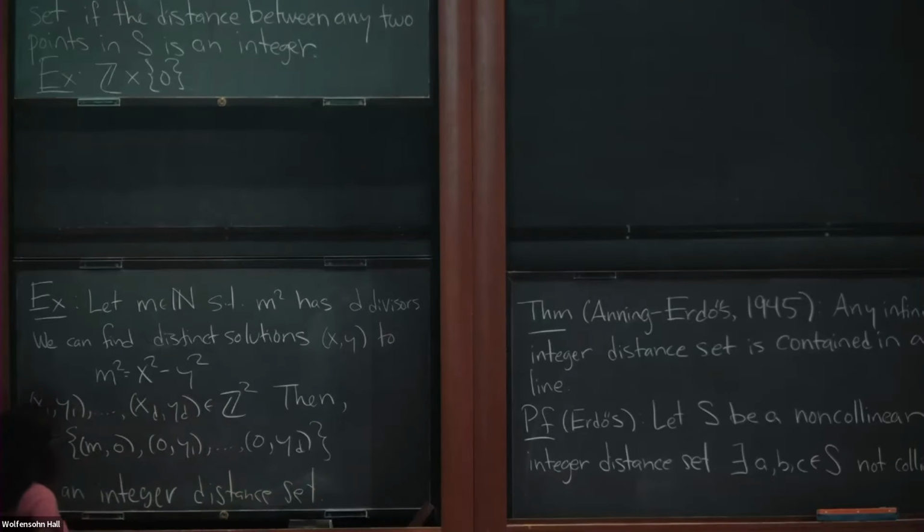It's obvious that the distance between any pair of these is an integer, and that the distance between this point and any one of these is an integer just follows from this equation.